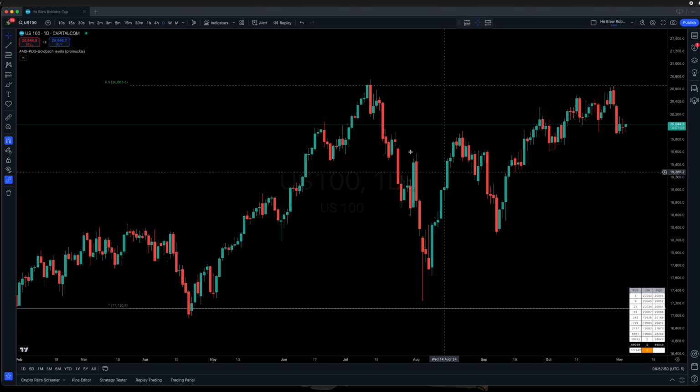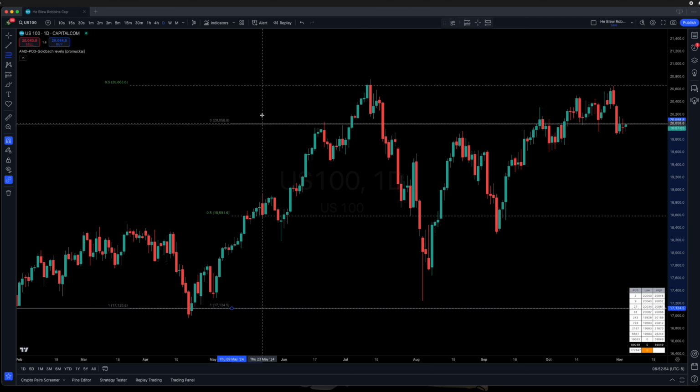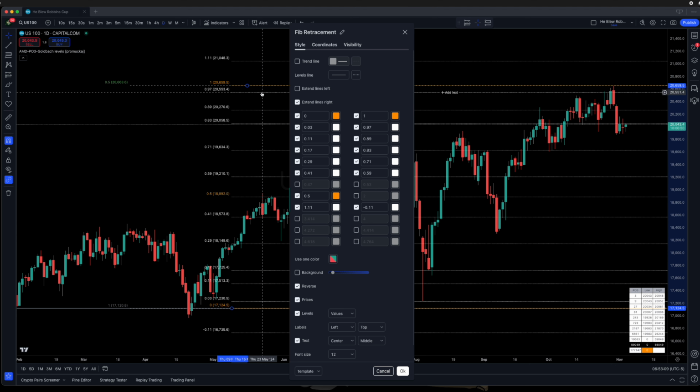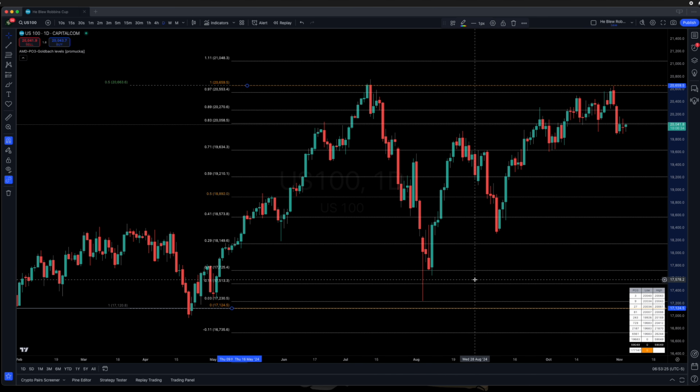So using the lower partition, we can now use a Goldbach IPDA fib. We can now see the Goldbach levels within these partitions. Screenshot this video if you would like access to these numbers. Or you can look at my community channel and there's a high screen resolution of this. This essentially tells you these levels define where the PDAs will form, the premium discount arrays.